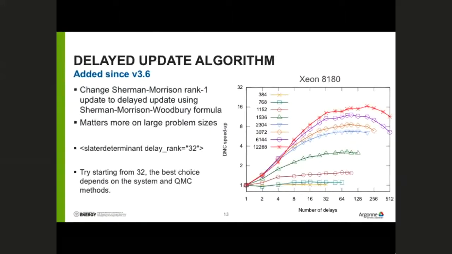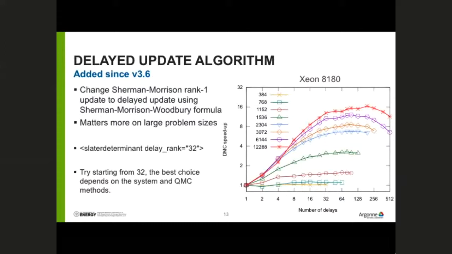So in 3.6, I implemented the new thing called the delayed update algorithm for all the drivers: VMC, DMC, RMC, they are all supported. So the idea is in the QMC algorithm, when you do a single particle move and you accept a move, you have to update the whole inverse matrix.